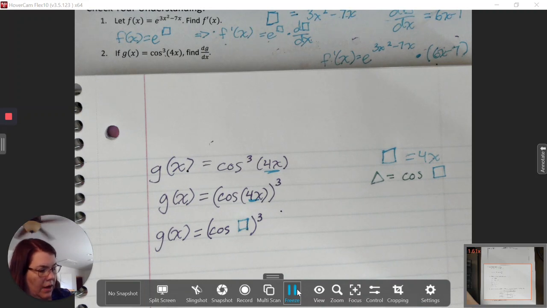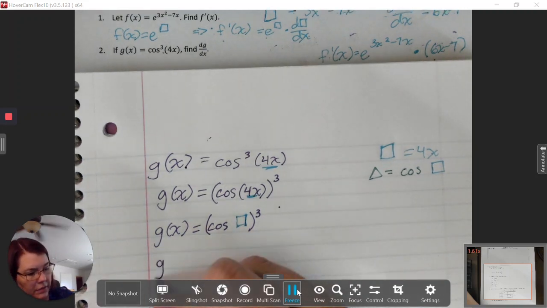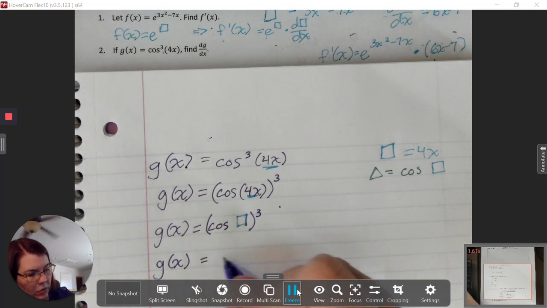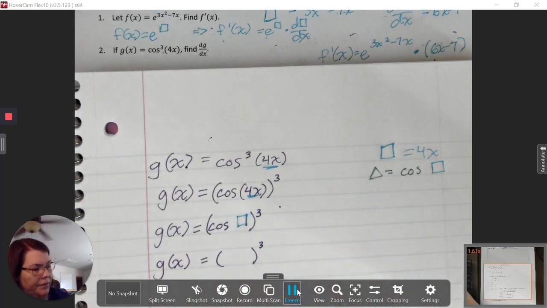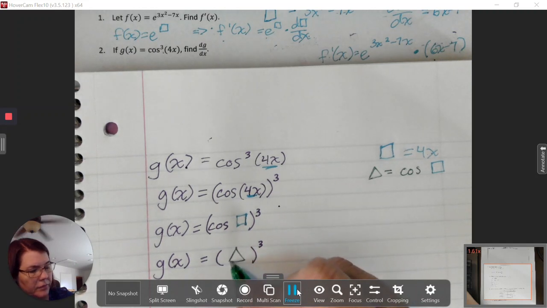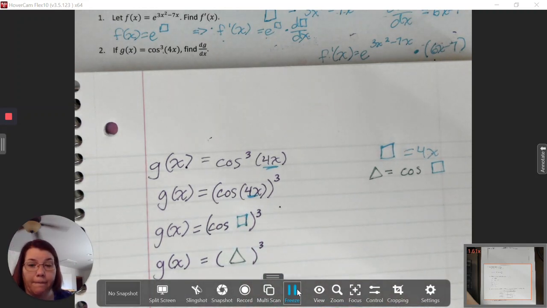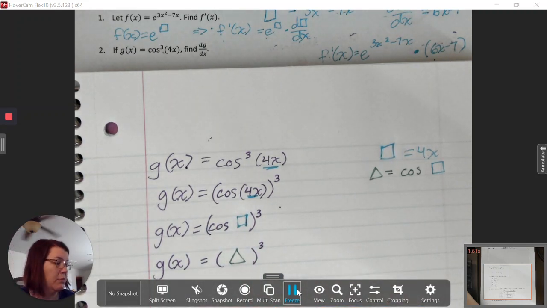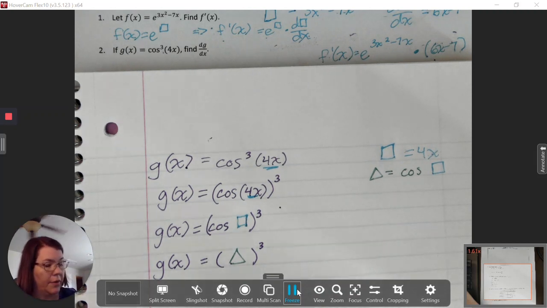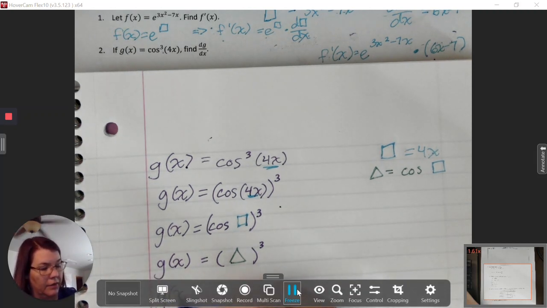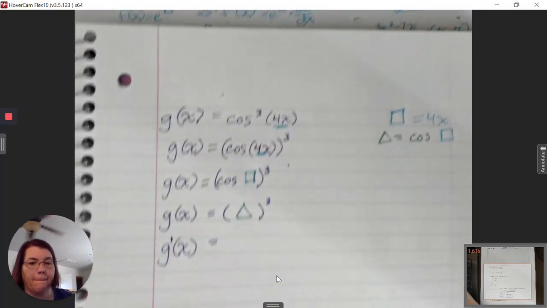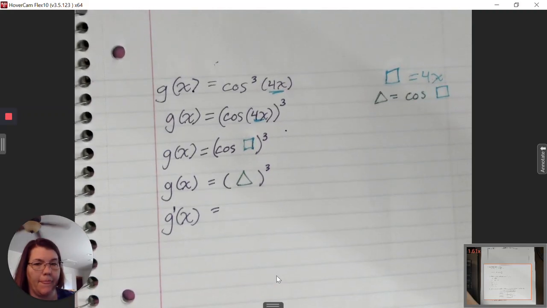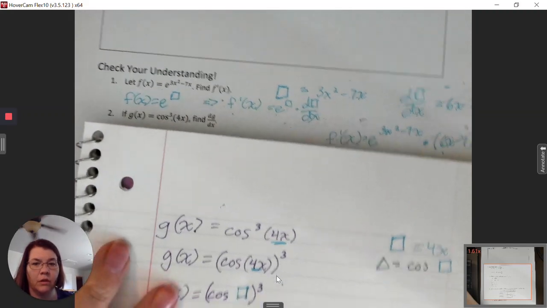All right, so then I have g of x equals triangle cubed. Okay, so now I'm down to something simple. So let's go for it. g prime of x is equal to, actually they ask for dg dx.